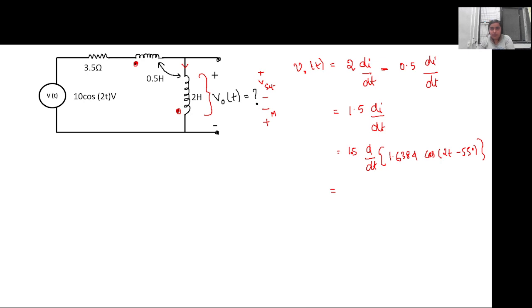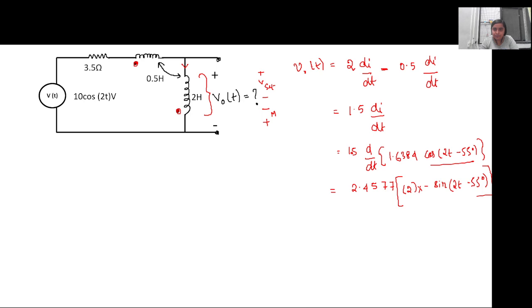If we multiply 1.5 by 1.6384, we get 2.4577. Now d/dt of this value: d/dt of cos t is minus sin t, right? And then d/dt of 2t is 2.